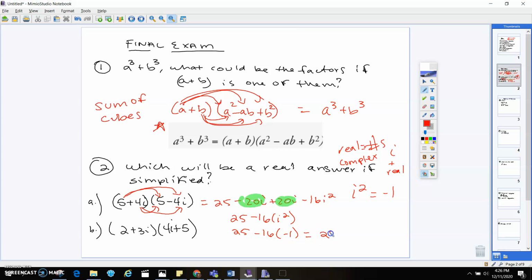That's going to give me 25 plus 16. Then I'm going to add those two together, which is going to give me 42. Is that a real answer? Yes, because it is a number. Okay. Trying part B.